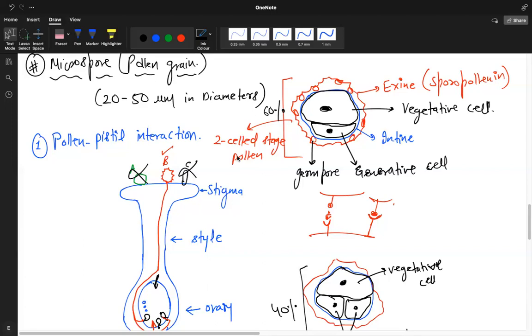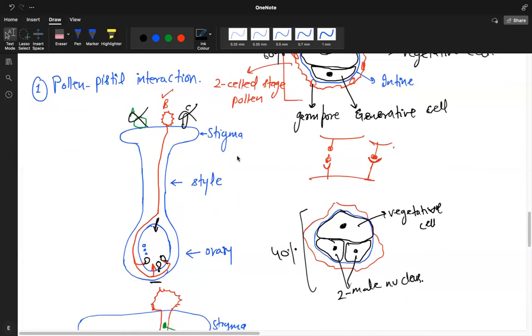In most of the angiosperms, pollen grains are shed at the 2 cell stage. One is a bigger vegetative cell, and one is a smaller generative cell. Many species shed the pollen at 3 cell stages.